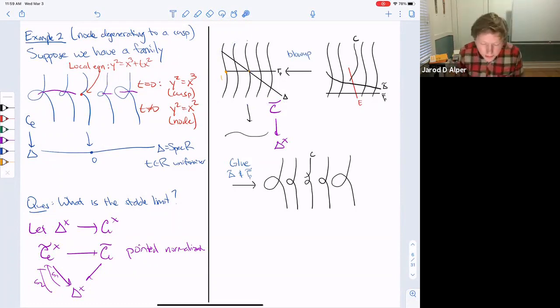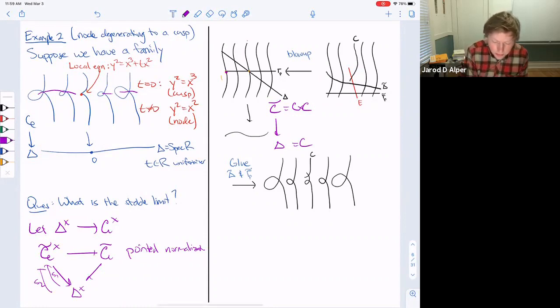So another way to view this is to think about this total family as being like C cross C, and the base being C. And then you have two sections, one being the constant section, where every point is P, and this other one being the diagonal, where you can think maybe this is a point Q and you're sliding Q towards P.